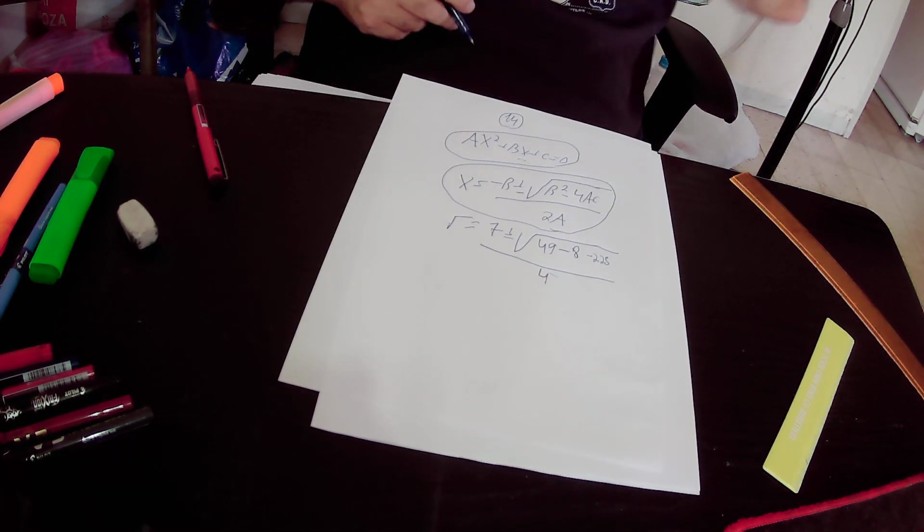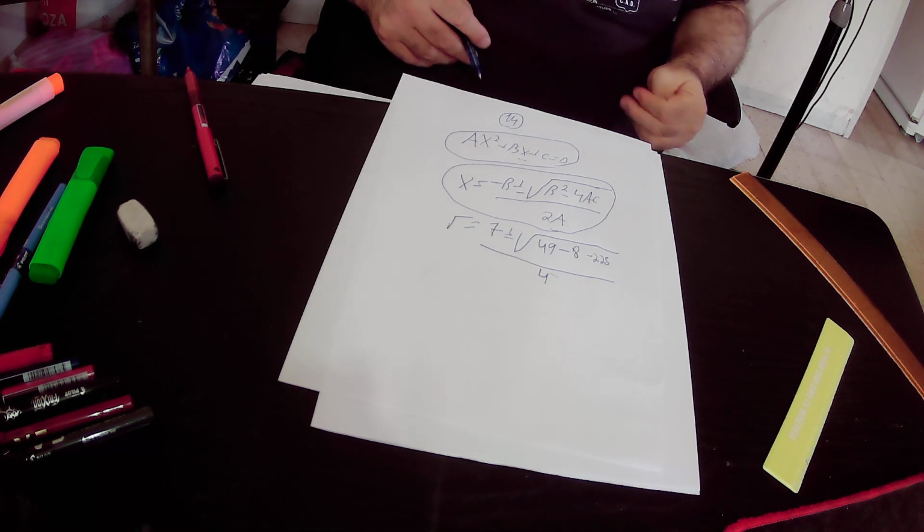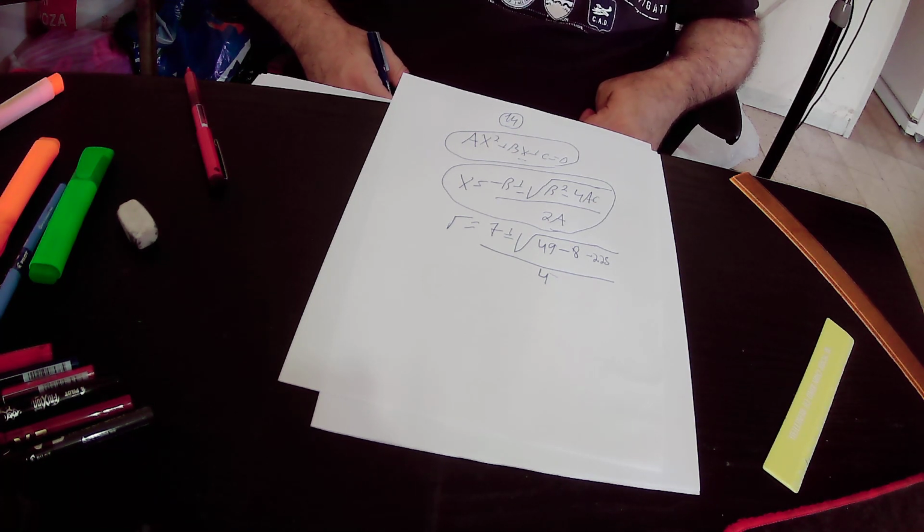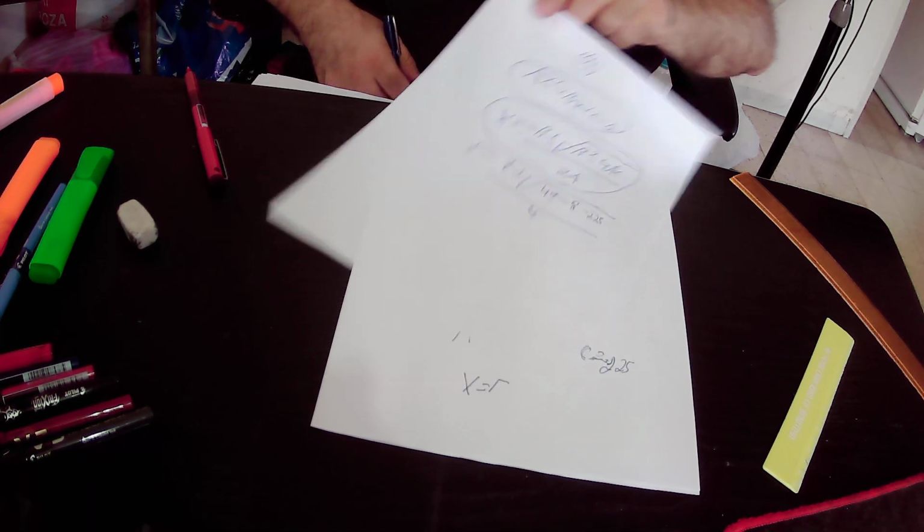So in total we got that r equals 7 plus minus root of 49 minus 8 times minus 225. Minus 8 times minus 225 is 1800, so I write it down.